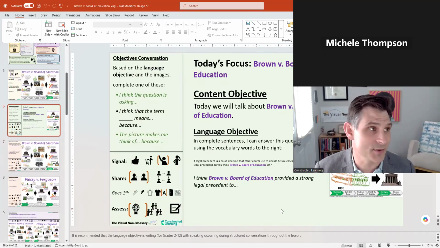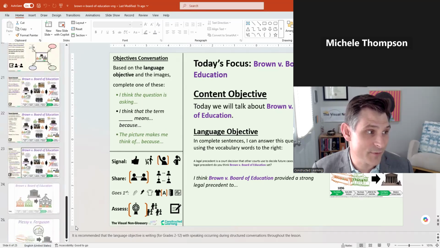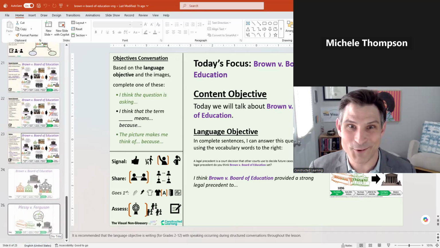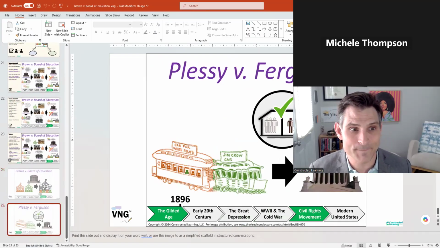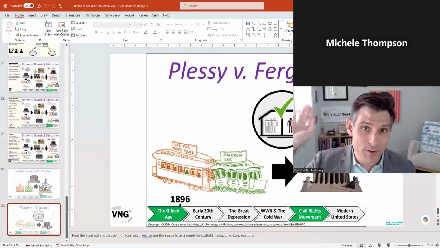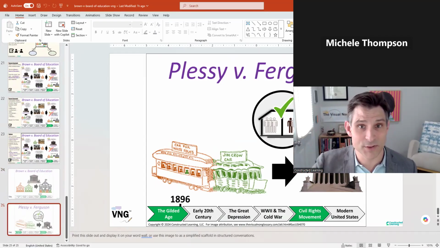And what I encourage teachers is, well, if you're using the VNG every day, it's the best way to do it, in my opinion. But if you're using it every day, you can just print off these word wall visuals, 8.5 by 11 piece of paper, put them in the front of the room with your objectives, and then at the end of the day, move them over to the unit's word wall that'll be growing throughout the unit.